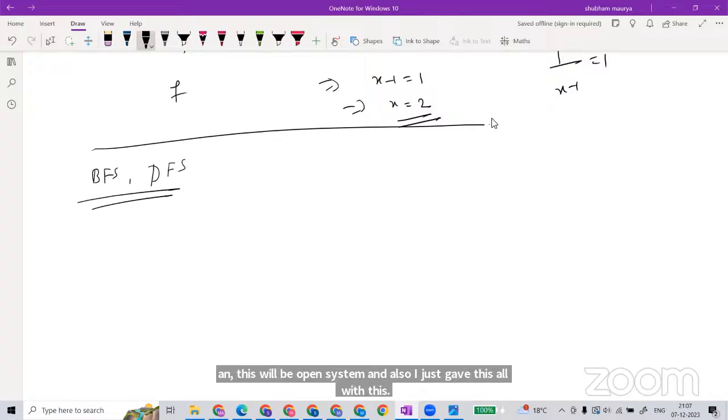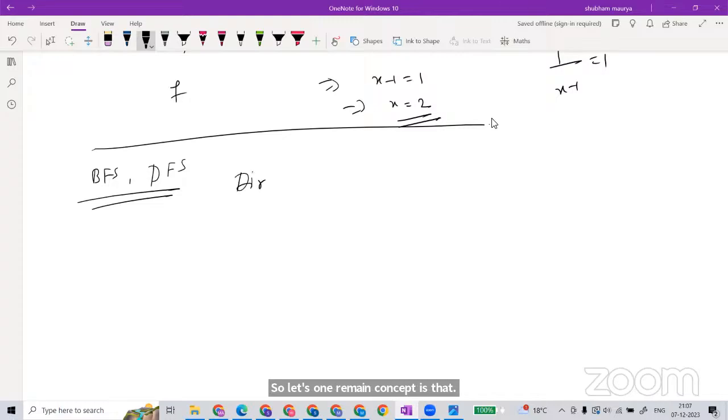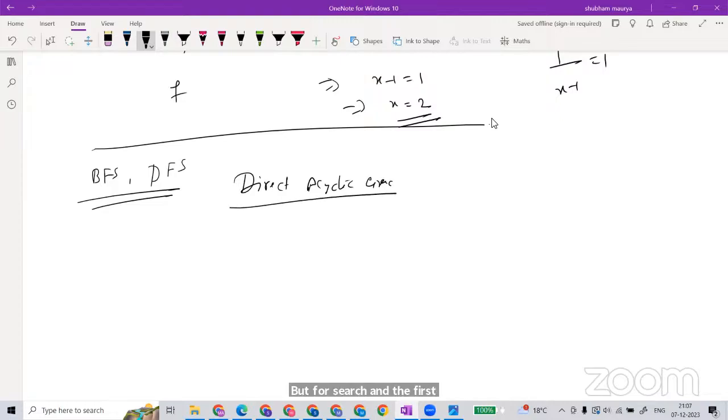Now the next concept is directed acyclic graph, which is generally called DAG. So what is a DAG? First, our graph should be directed.